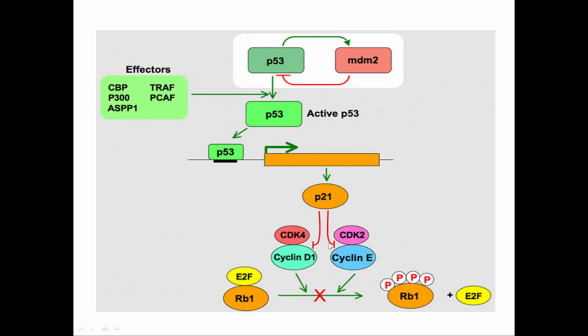It works on cyclin-dependent kinases, causing their inhibition. The second action is prevention of phosphorylation of the retinoblastoma gene. We said the retinoblastoma gene is active when it is hypophosphorylated. So P53 prevents the phosphorylation, which prevents inactivation of the retinoblastoma gene, giving more time for cell cycle arrest until there is proper DNA repair.